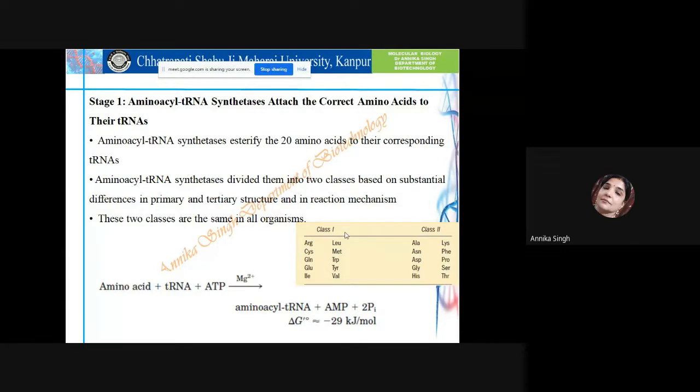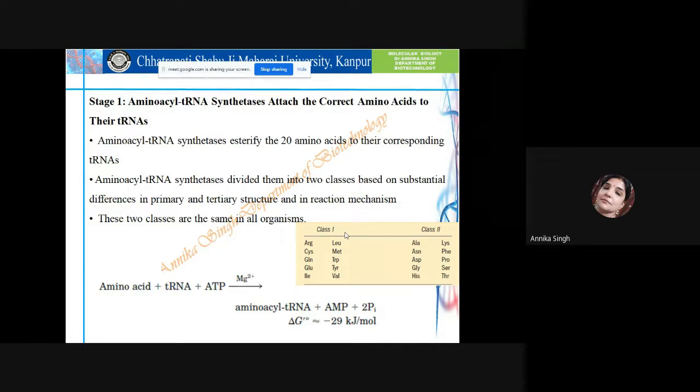So as I have told you, these amino acyl transfer RNA synthetases are further categorized into 2 classes based on their differences in primary and tertiary structure as well as in reaction mechanism. And these 2 classes are same for all organisms, ranging from bacteria to mammals.